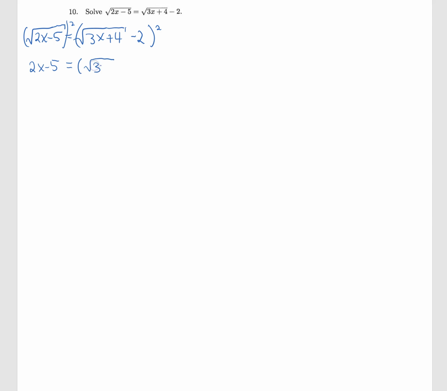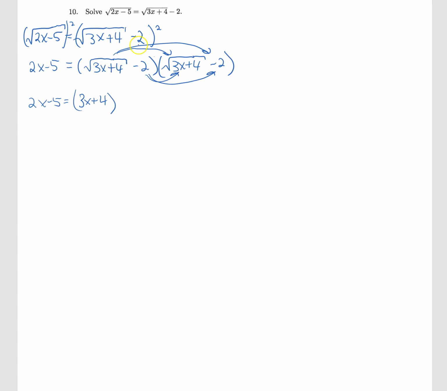So we have 3x plus 4 minus 2 times square root of 3x plus 4 minus 2. So I'm just going to multiply this out. Square root of 3x plus 4 times the square root of 3x plus 4 is just going to be 3x plus 4.